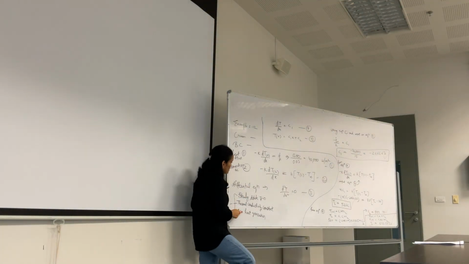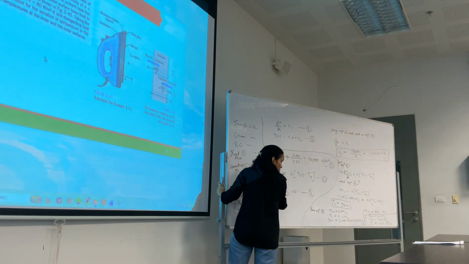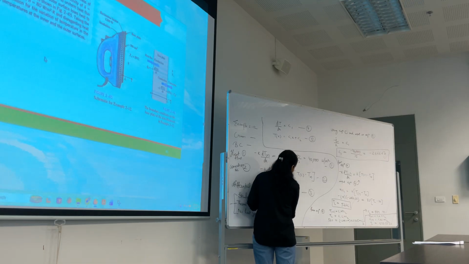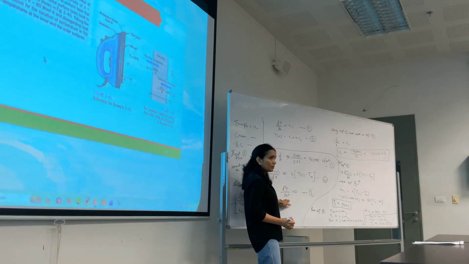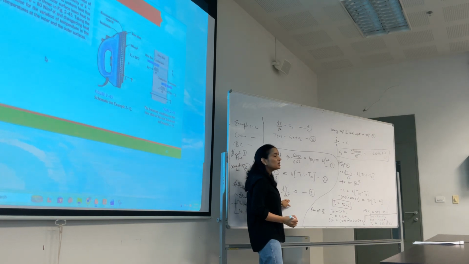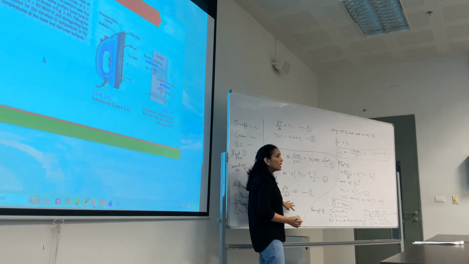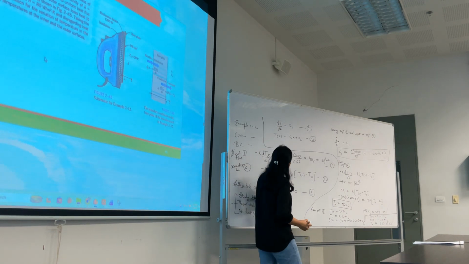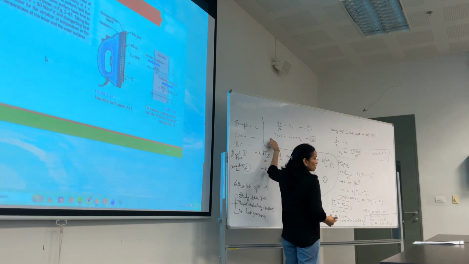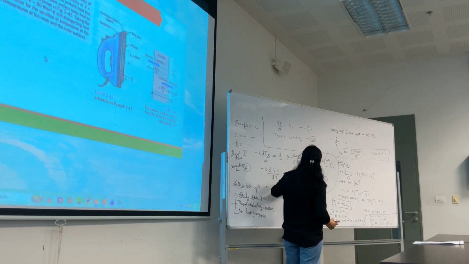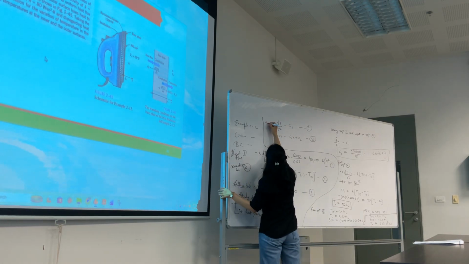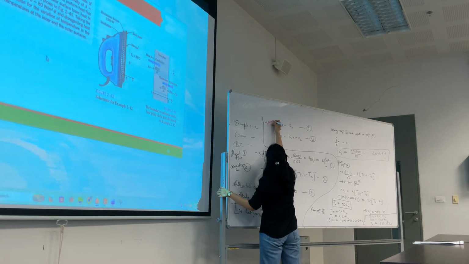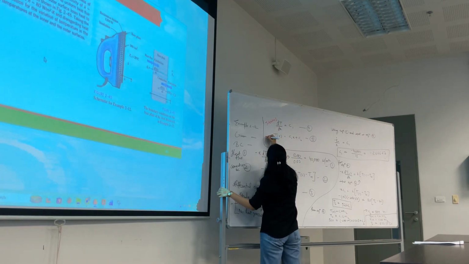All of these things lead to this differential equation for a plane wall. Now we need a unique solution, and for that we have to integrate. We integrated once, we have C1; we integrated twice, we get this.